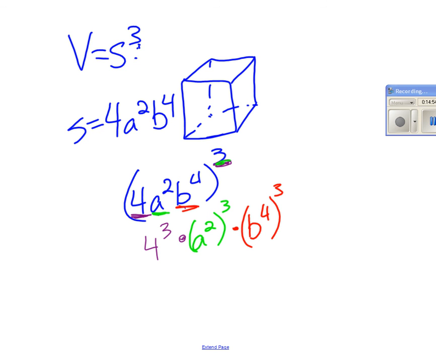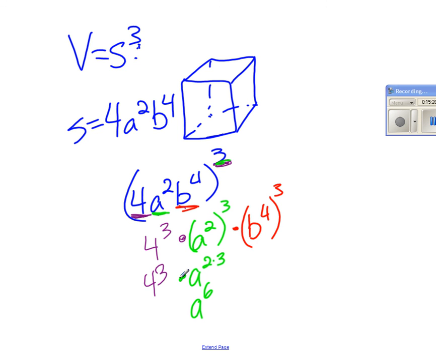So that gets rid of the big outside parentheses. Now we look at what to do with each individual piece. 4 to the 3rd, that's good. That's just a number. We could work that out, but we're not going to. How about the green part? How could we simplify a squared to the 3rd power? Which rule is that? That's rule number 2. So it's going to be a to the 2 times 3, or a to the 6th.